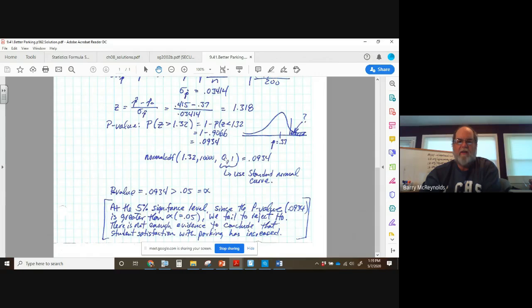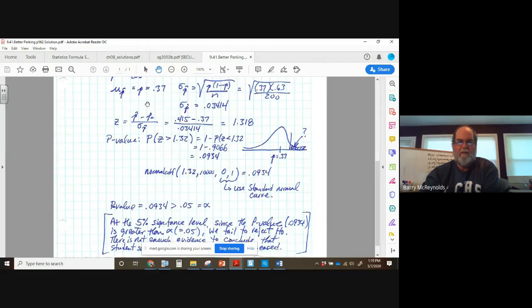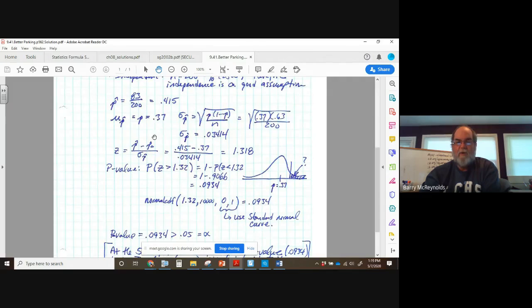Don't allow yourself to plug in this p-hat or even the population parameter p0 here, because that's not the distribution we're pulling this p-value from. It always comes from the standard normal curve. So looking at table A, that's the right place to look.